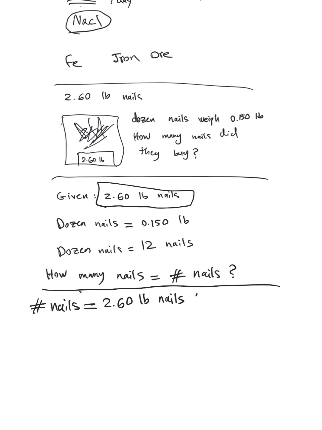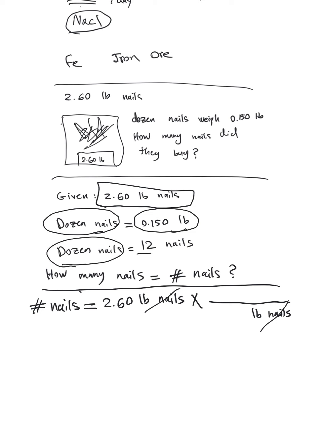So we should write a conversion factor that, when we simplify it, gives us the number of nails. If I write it as such, this and this cross out. How can I relate the pounds to the nails? Here I have pounds, and here I have a dozen nails, right? A dozen nails equals 12 nails.